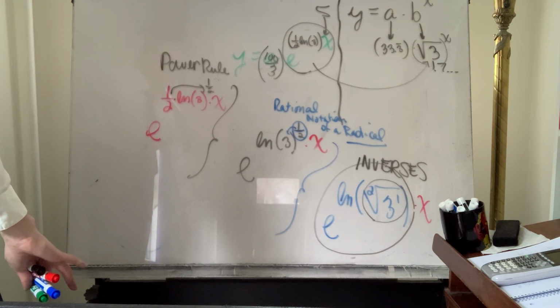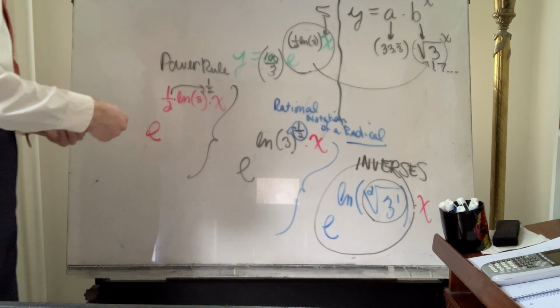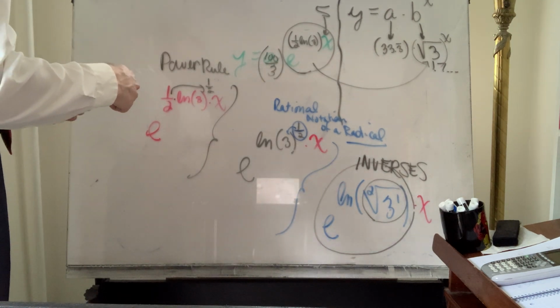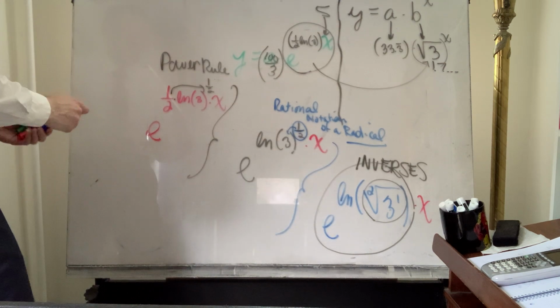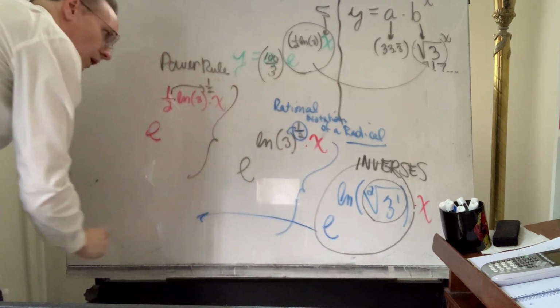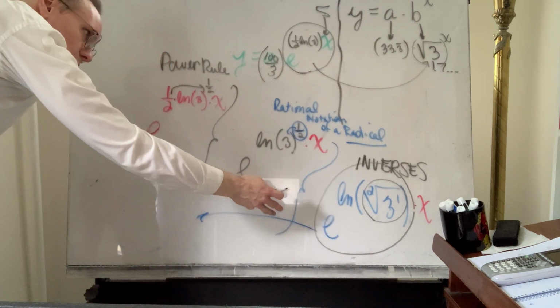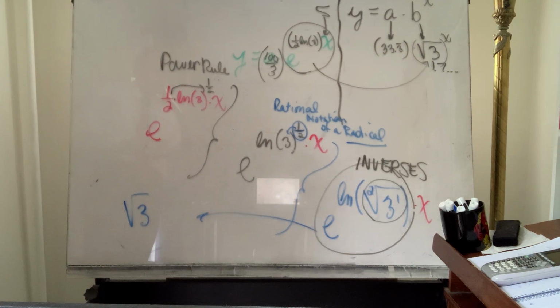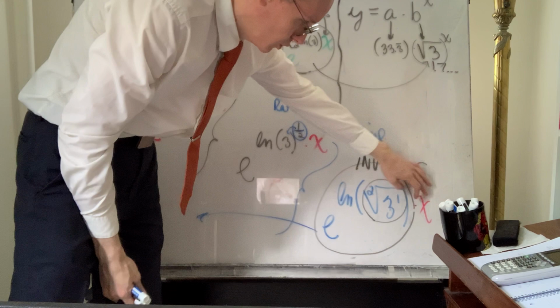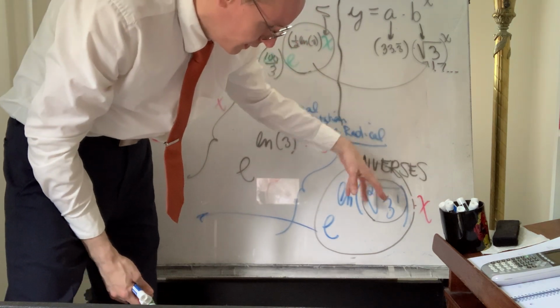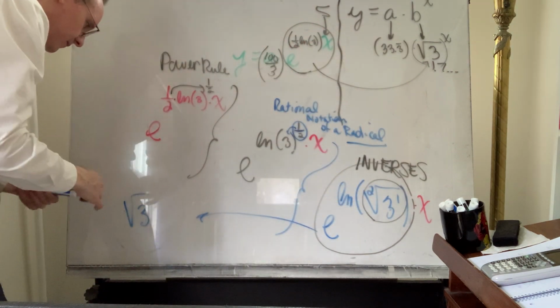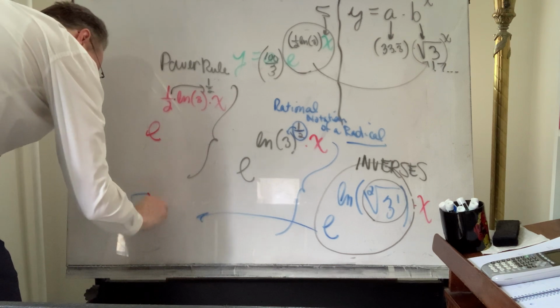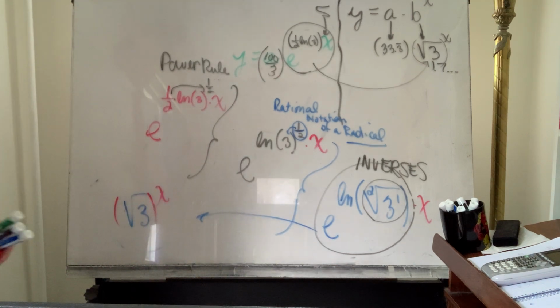What is in blue would reduce this to the following. What is in blue would end up being the square root of 3, right? And since I didn't really bother to incorporate this x here, it still would be an exponent, like so.